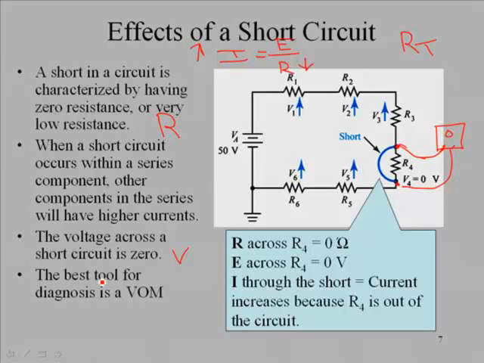The best tool for diagnosis is a VOM, a volt-ohm meter, with which you can measure the voltage and the ohms. The resistance across R4 is 0 ohms. The voltage across R4 is 0 volts. The current through the short increases because R4 is out of the circuit, and we've mentioned all of that over here.